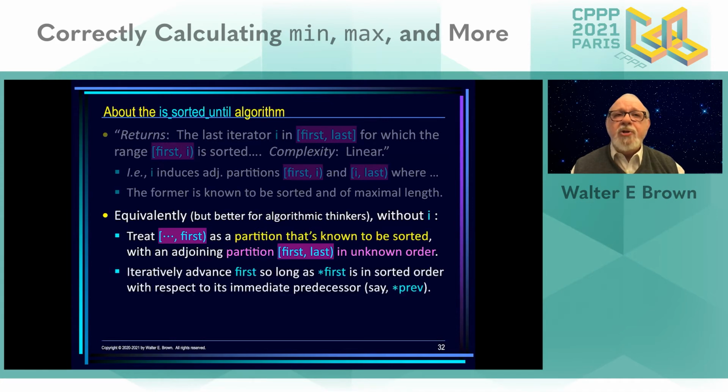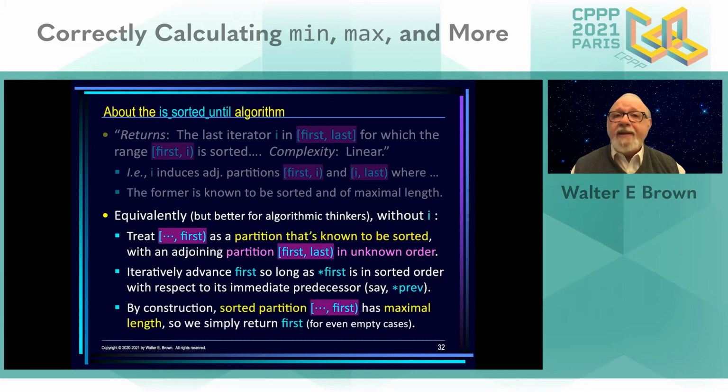Now, what we can do is iteratively advance first, as long as indirect first is sorted with respect to its immediate predecessor. And at that point, by construction, the first of the partitions up to first has maximal length, so all we have to do is return first. And this works even for empty cases.